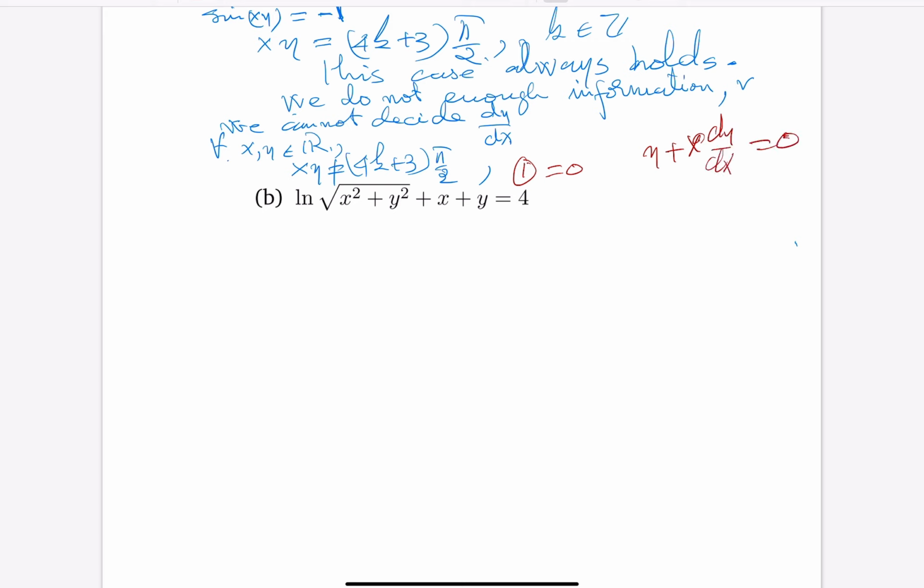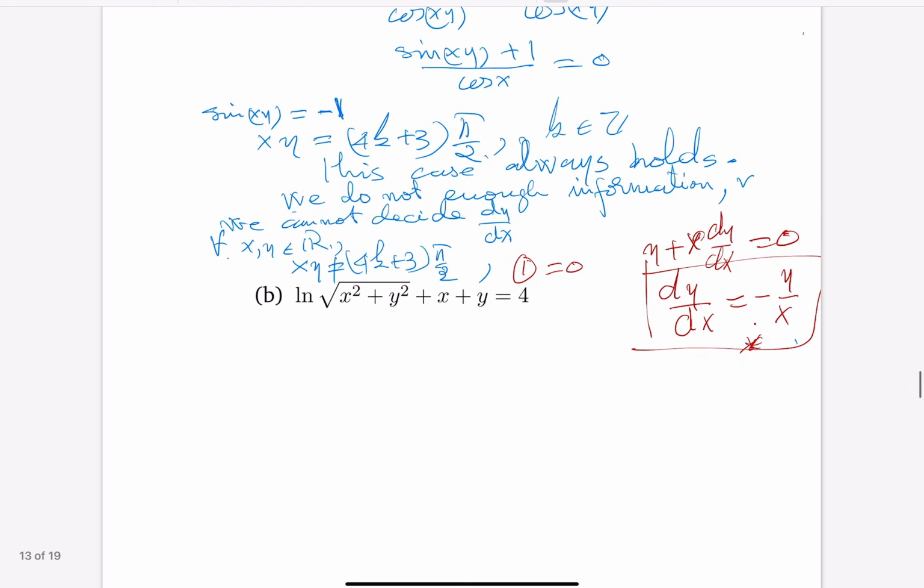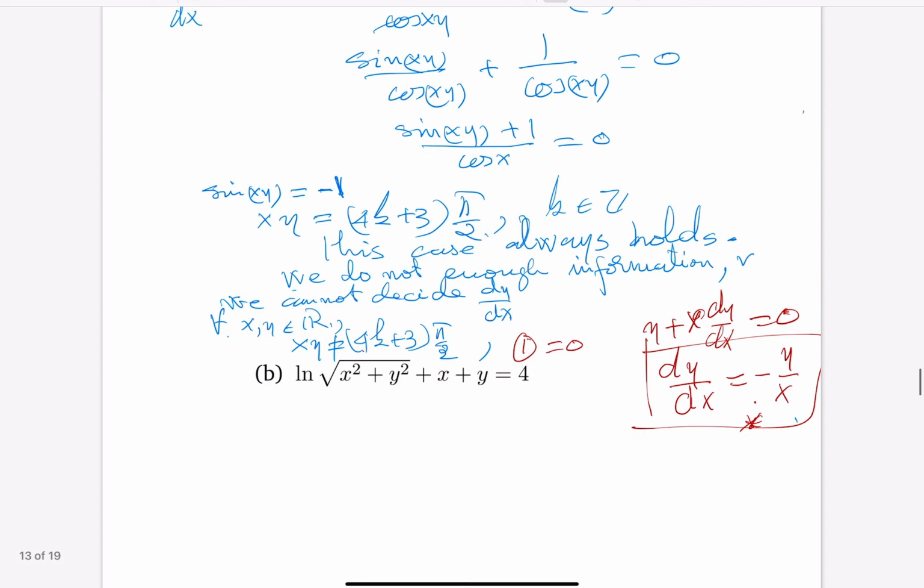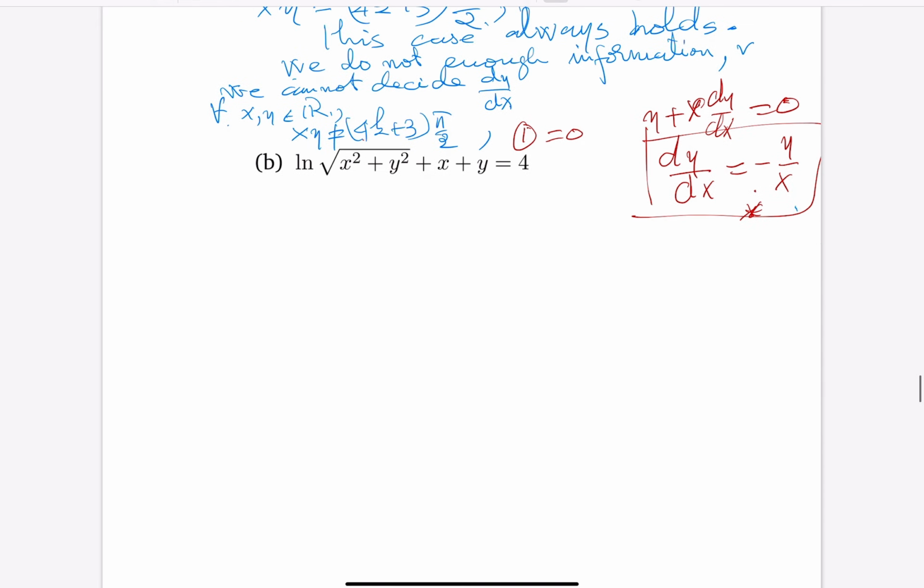We can conclude dy over dx is equal to negative y over x. That's all. This case is true if and only if x and y are different to 4k plus 3 pi over 2. Just make sure.